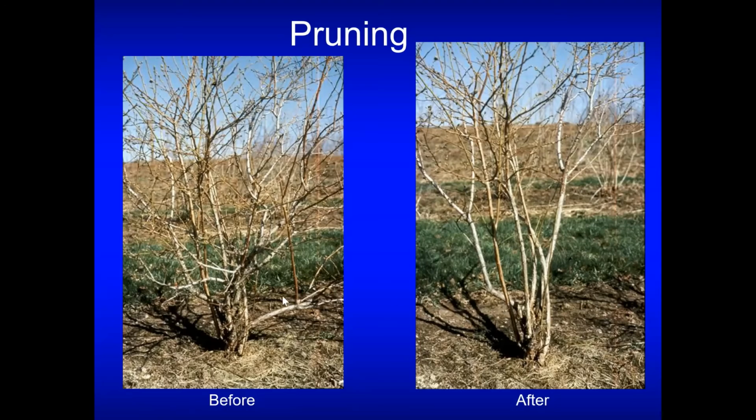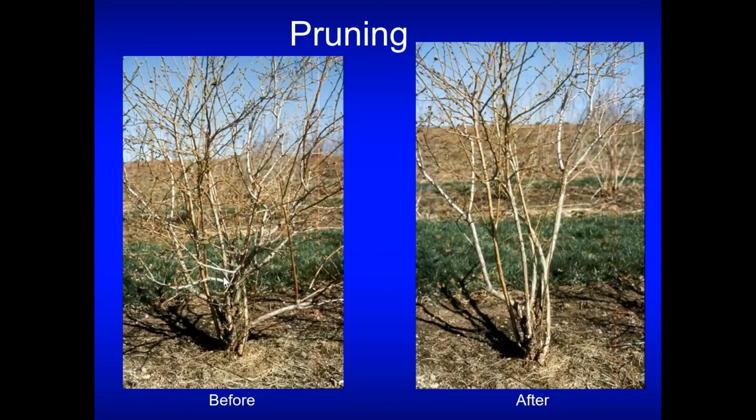We don't want these new canes to come off of other canes, because it's complicated, it's not as strong, and it makes the whole cane, which is so low, vulnerable to breakage. So getting rid of this is important. In blueberries, we prune pretty aggressively every year. I would take out at minimum 2 of the oldest canes, and then thin out some other canes, like this branchy stuff that's really low.